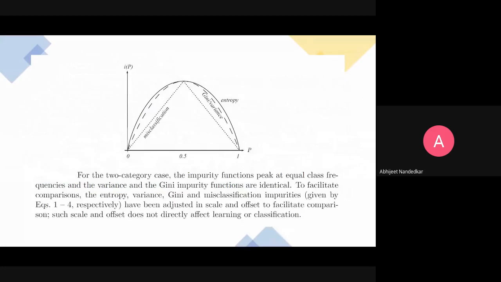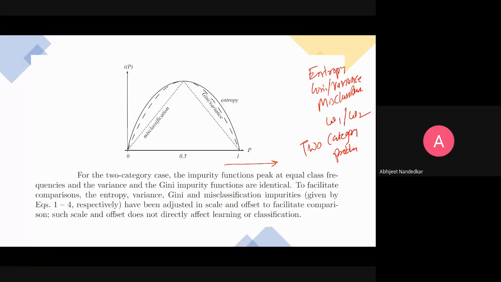So with those 3 or 4 equations that we have seen for entropy, then Gini or variance and misclassification, this plot is for a 2 category problem. There are only 2 classes, omega 1 and omega 2.